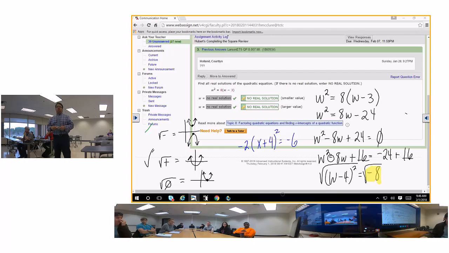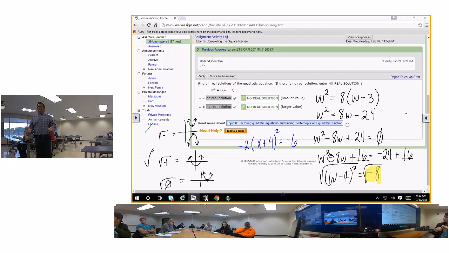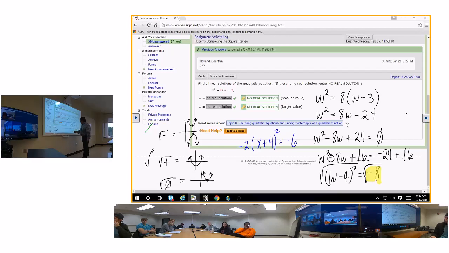Is it because you divide out the negative 2? What happens to the negative 6? It becomes what? Positive. So yes, you do have x-intercepts because at this point, remember, what is in play right here? The radical. I haven't got it to the radical yet because I've got to do what? I've got to get rid of this negative 2.